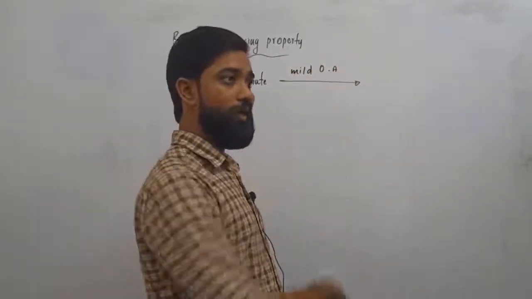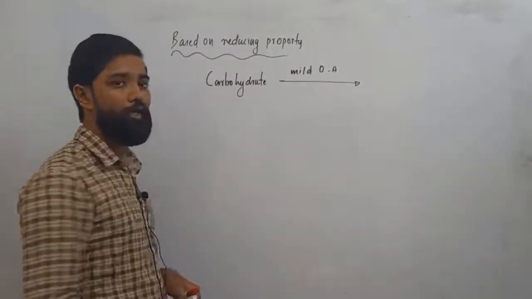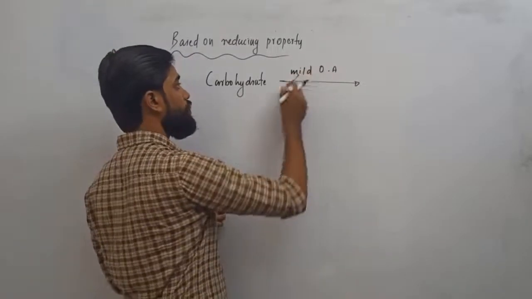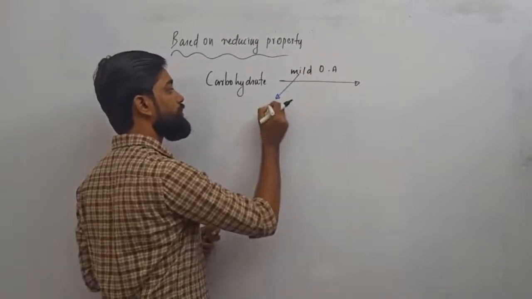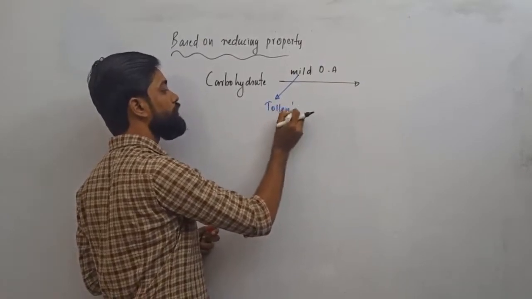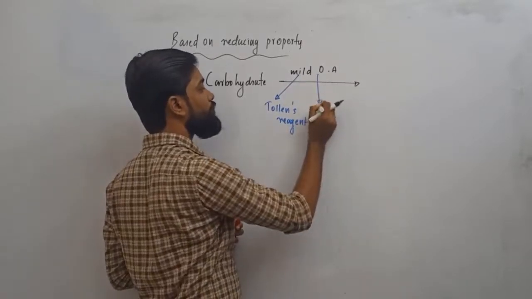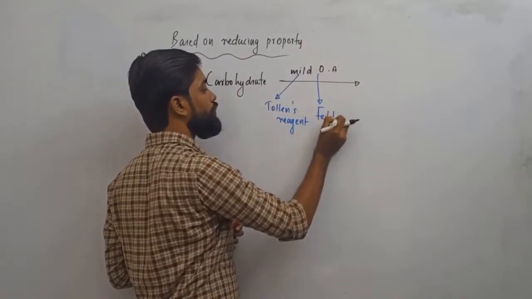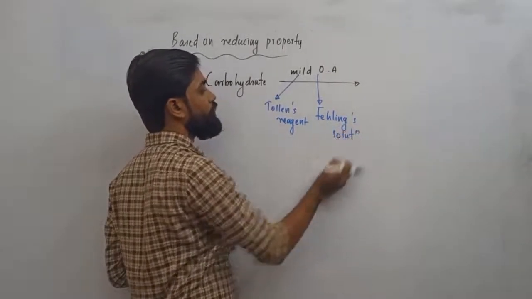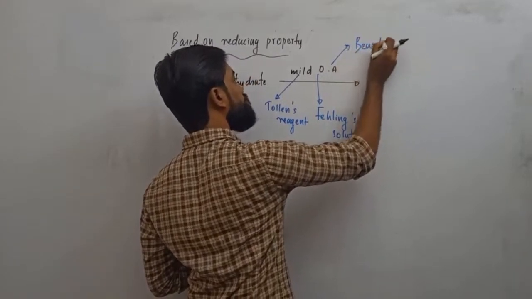The mild oxidizing agents are Tollens' reagent, Fehling solution, and Benedict solution, etc.